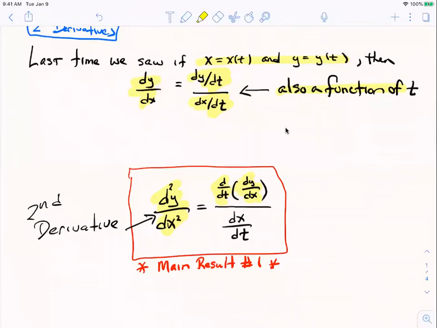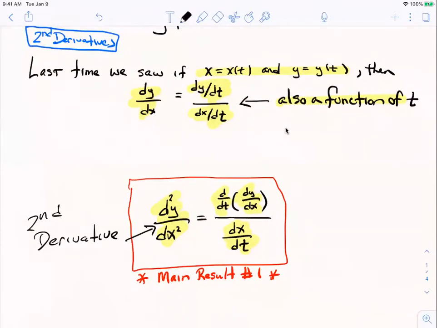That's how we calculate parametric derivatives. That's the y part, if you like. And then we have to divide that by dx/dt. So it's exactly the same kind of formula as what's going on up here. It's just that in the numerator, the thing I'm differentiating is no longer y, but dy/dx, because I'm trying to calculate the second derivative.